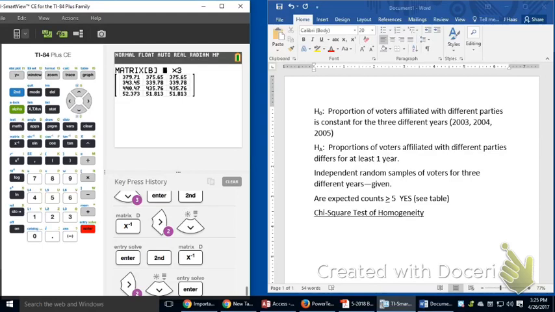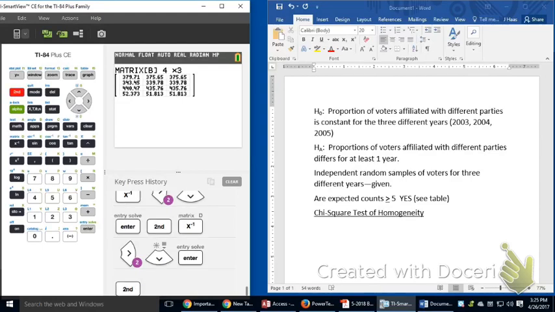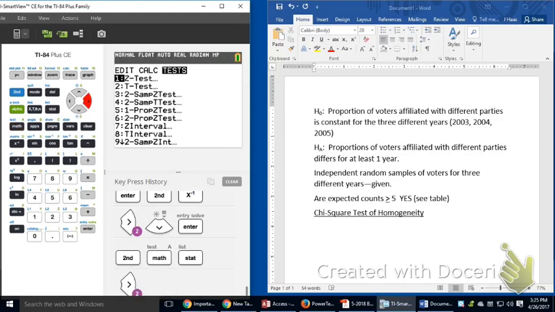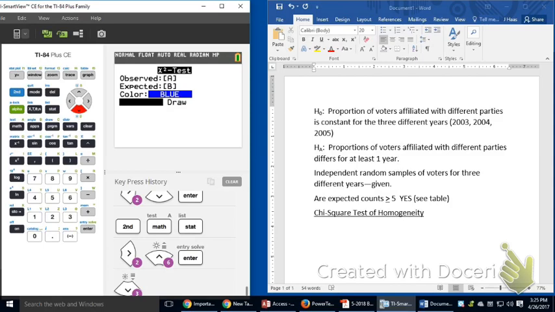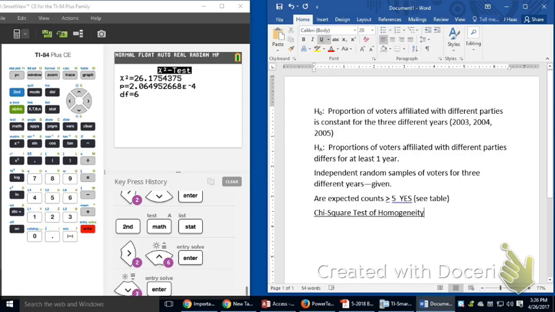Since I know my assumptions are good, I'm going to go back to my test again. Stat test, option C, chi-square. And this time I'm going to pay attention to what it tells me. It tells me that I have a chi-square value of 26.17, and it has a degrees of freedom of 6.